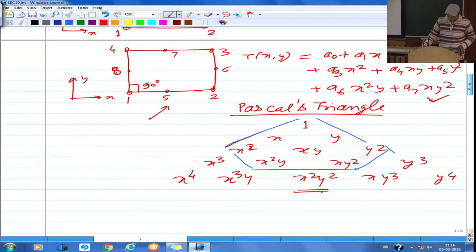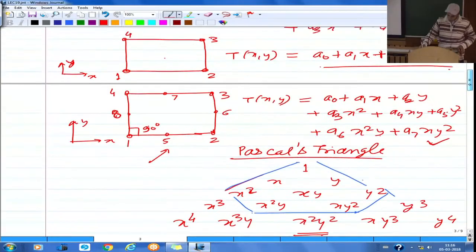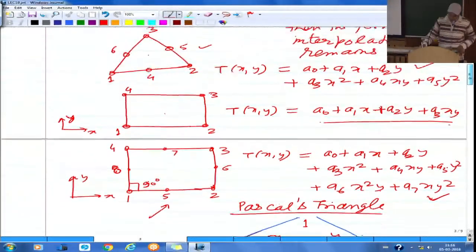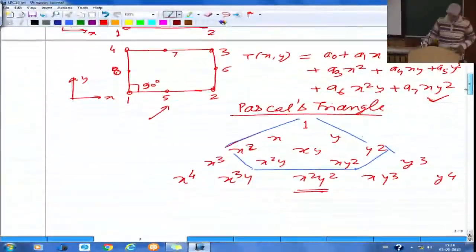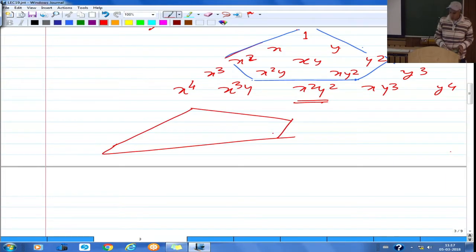Before I move further, another question is, why do we restrict to this? For example, if I talk of continuity of, let us say, T itself, assuming that T is the only primary variable, and we have a discretization of a domain. Let us say this is a domain which is a bit more irregular, and you are discretizing this into a number of triangles.